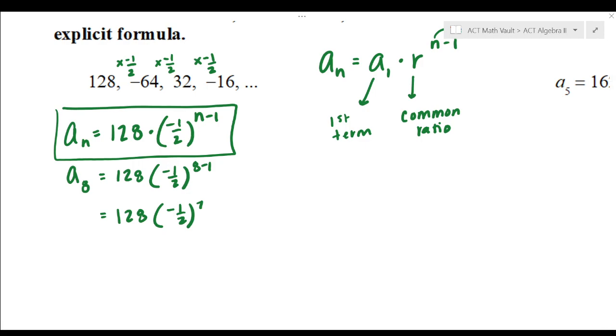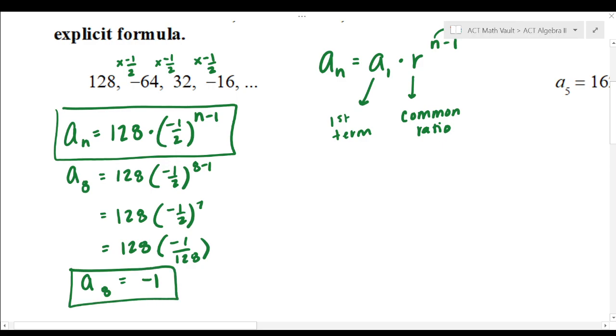We cannot multiply before we do exponents. And so we have 128 here, and then negative 1/2 to the 7th happens to be negative 1 over 128. And so the final answer, a sub 8, is negative 1, meaning the 8th term is negative 1.